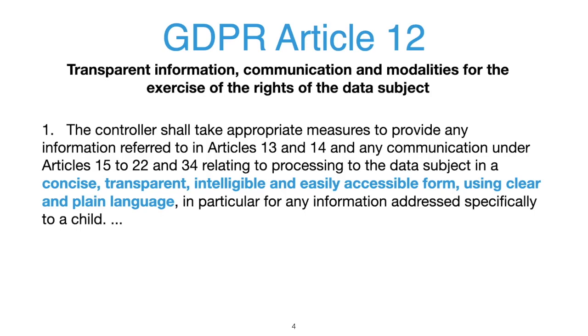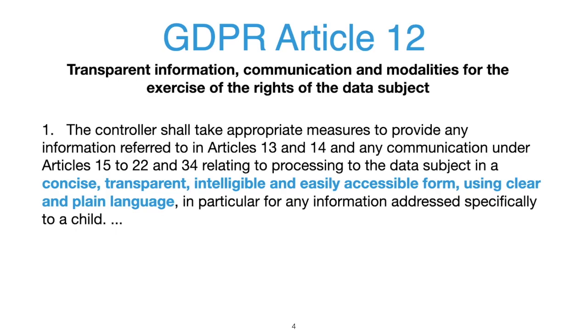So GDPR Article 12 talks about the communication between the data controller and the data subject. The data subject has a right to lots of different kinds of information from the data controller, and Article 12 specifies that these communications must be concise, transparent, intelligible, and easily accessible, and using clear and plain language.